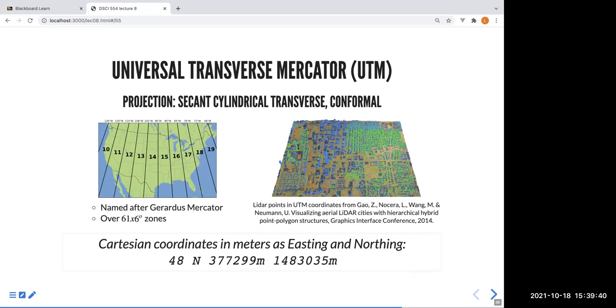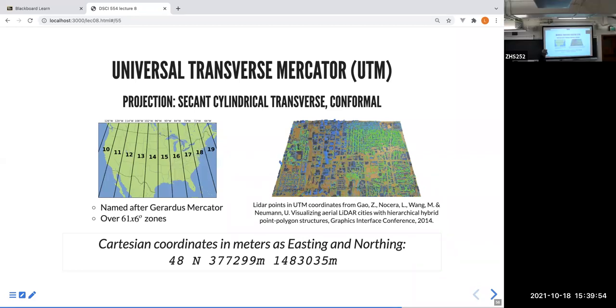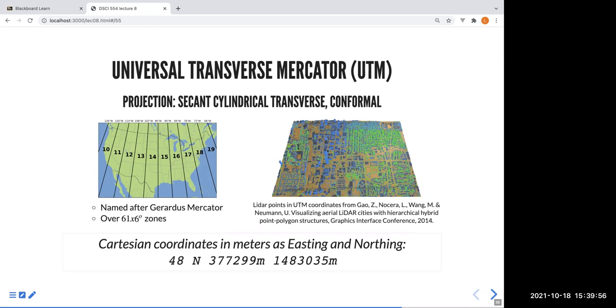The accuracy is typically half a meter or less. And you want to know very precisely where each one of these LiDAR points is with respect to the planet. And so you use a projection that is good for that very locally. The military is also using this.